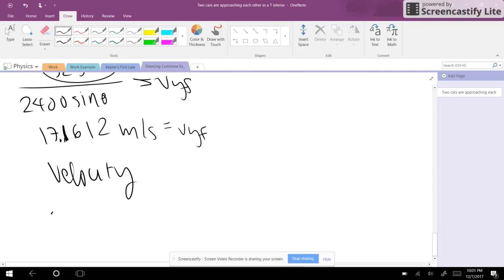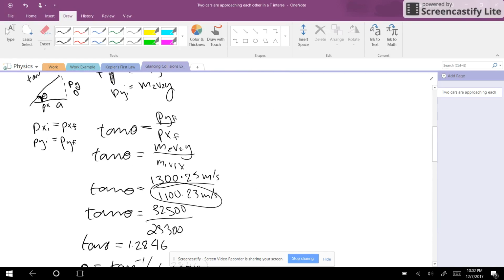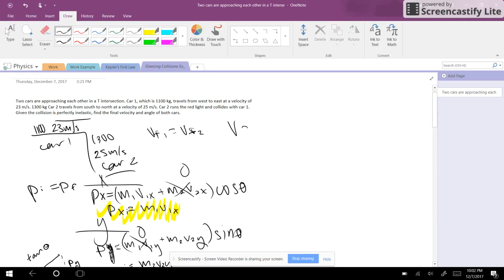And my actual velocity is going to be 24.269 meters per second. So we've solved the problem. The final velocity is 24.269 and the angle 52.1.